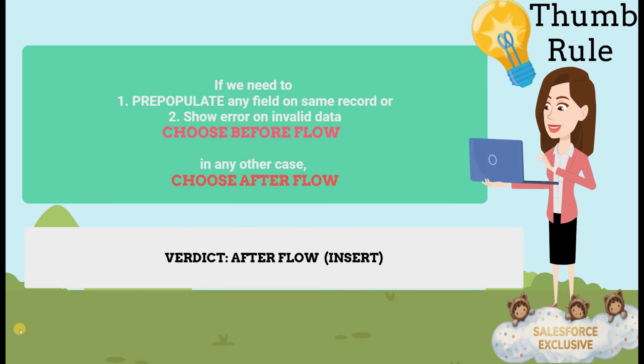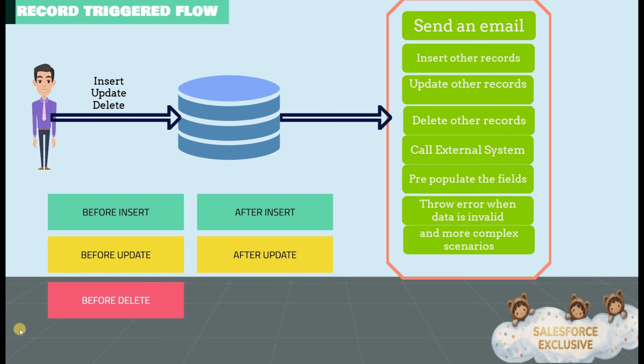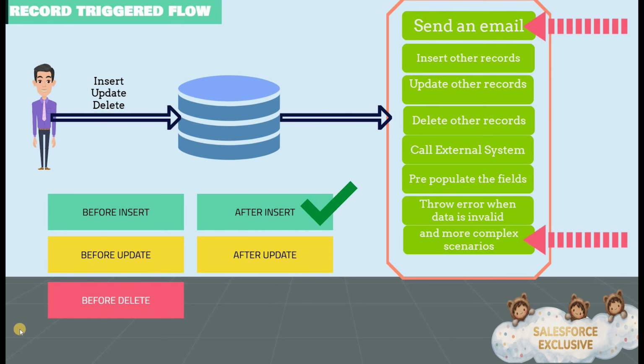So then we need to choose after flow, and in here, whenever a high priority case is created, hence it's an insert operation. So after flow in insert context. So out of this 5, currently we are working on after insert, and some of the actions here are send an email and the other scenarios related to custom notification and posting it to the chatter.